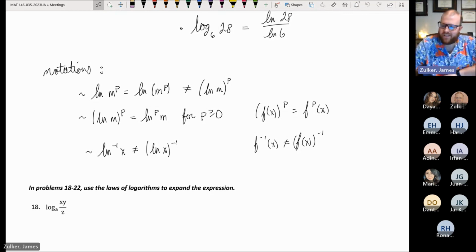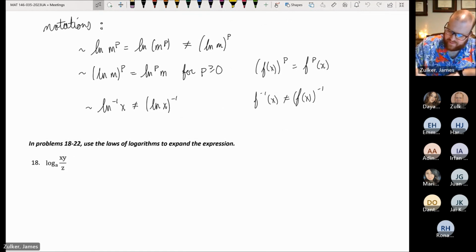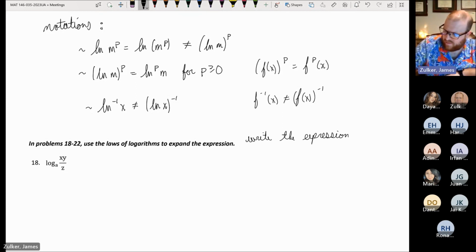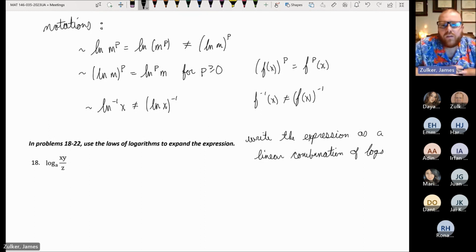Another way you may have seen it may also be stated as writing the expression as a linear combination of logarithms.